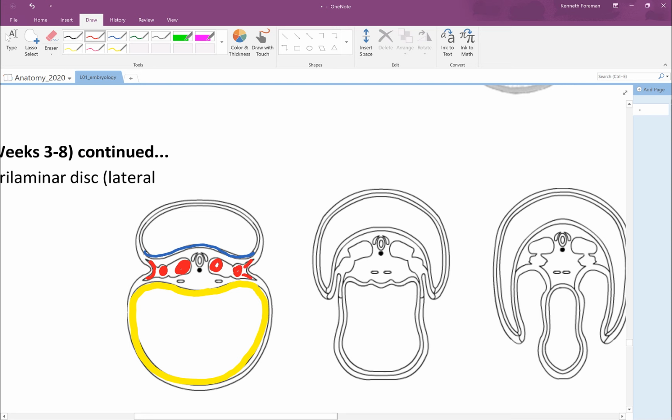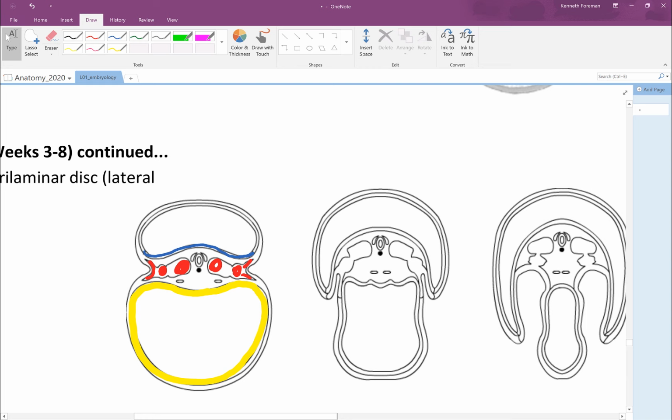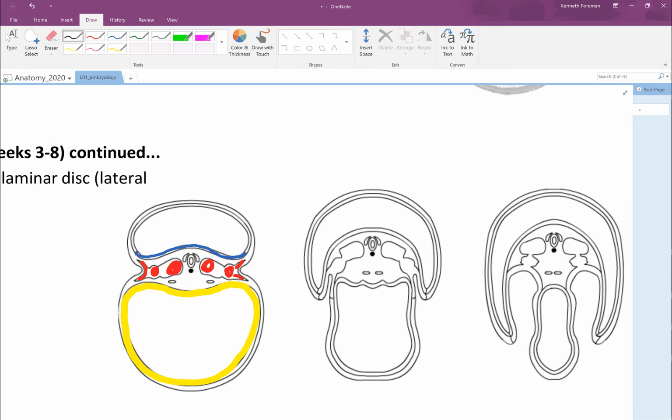Now on the dorsal aspect, we know this is the amniotic cavity. Now, if we think about the whole pregnancy component of being within the womb, what is the baby or the fetus wrapped in?